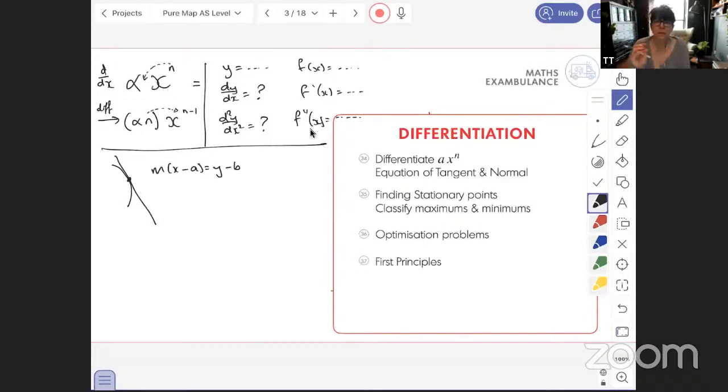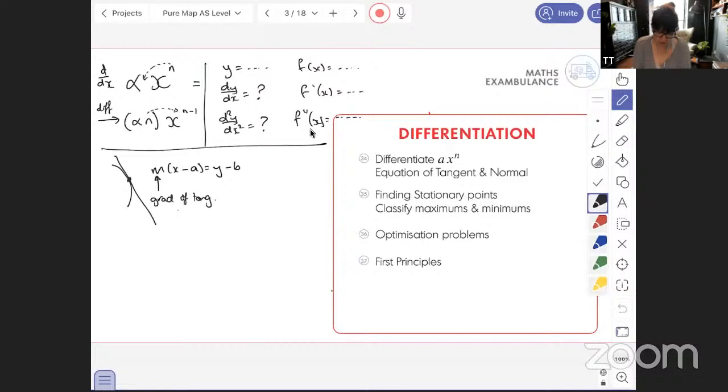So y equals mx plus c, I'm just telling you from my experience of examining, students who use y equals mx plus c as the structure of a line tend to make more mistakes and get fewer accuracy marks at the end of the question than students who use x minus a is y minus b or y minus y1 is m times x minus x1. So why do we need differentiation? For the m, for the gradient of the tangent.